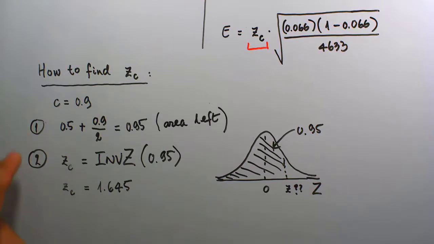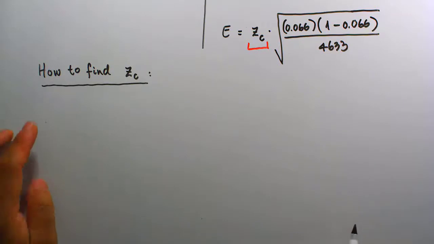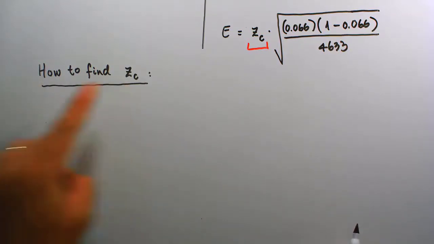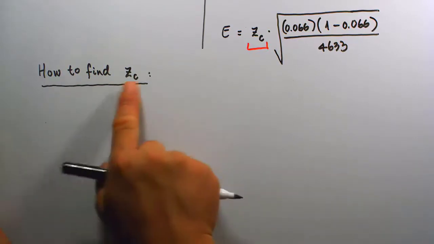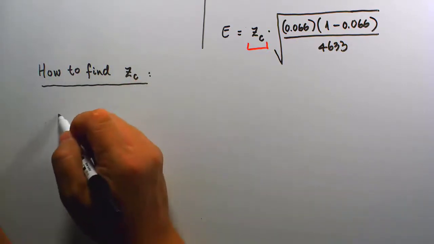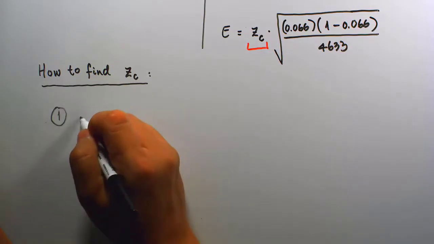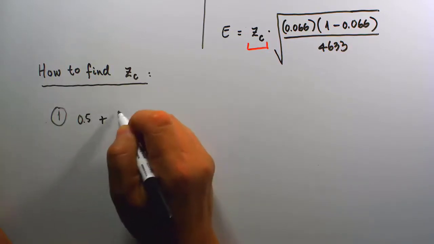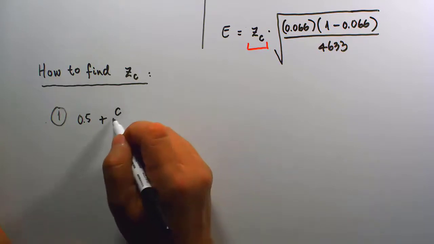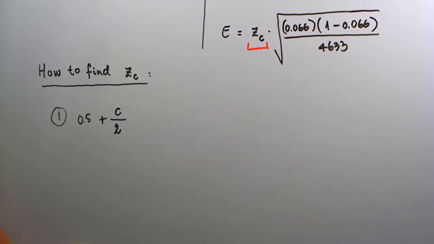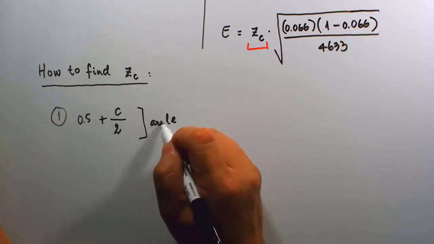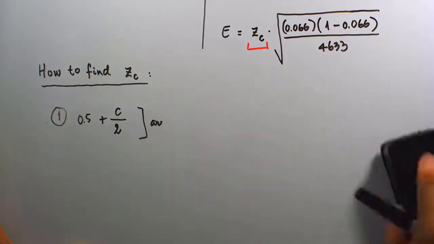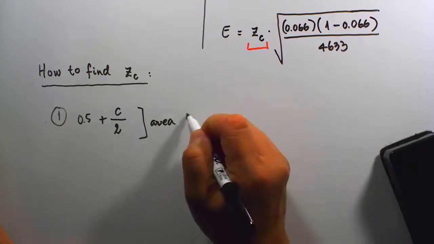And the two steps here are the critical steps. Now, just a brief reminder, the good thing is that finding z sub c can always stay in the same set of instructions. So to find z sub c in general, all you need to do is, step 1: 0.5 plus your given confidence level over 2. And this amount here is referred to as the area to the left.